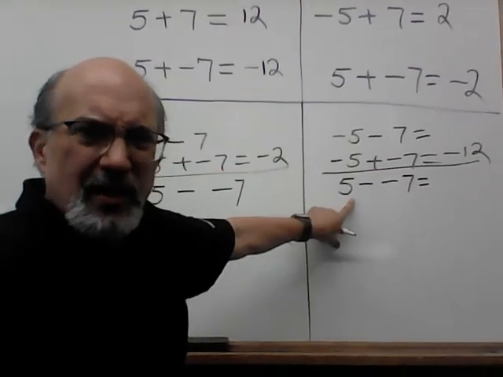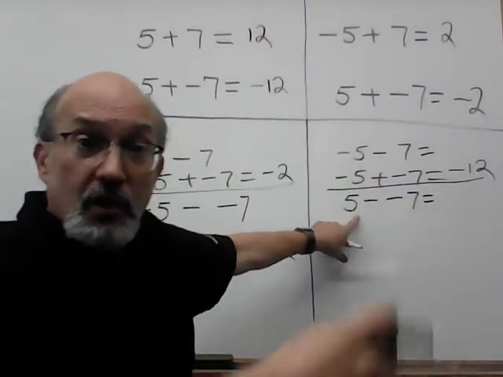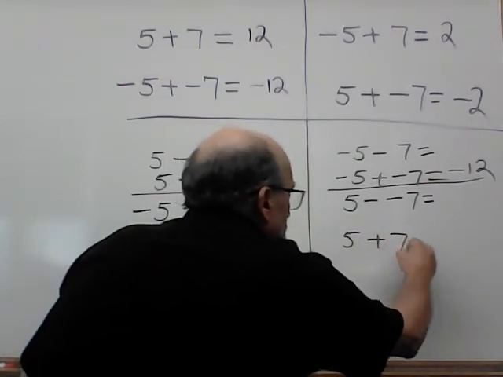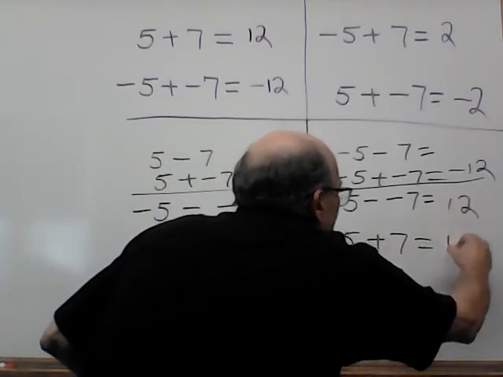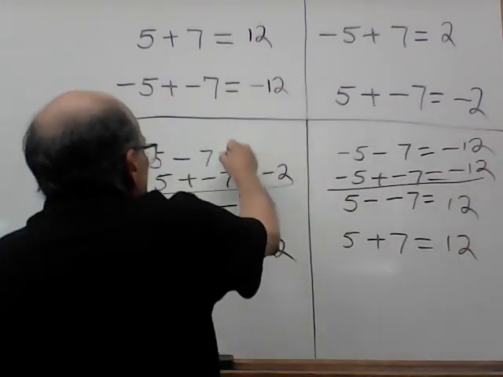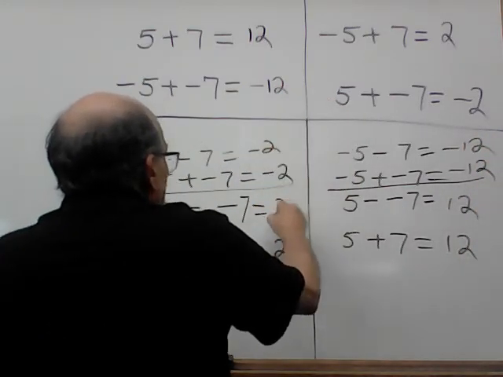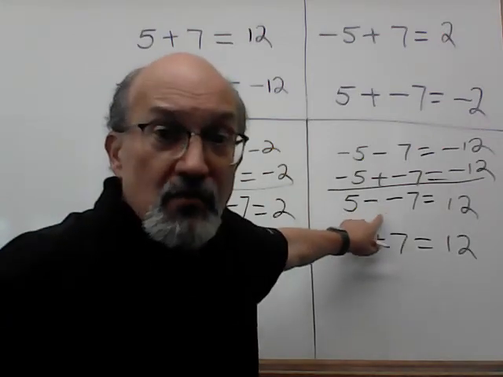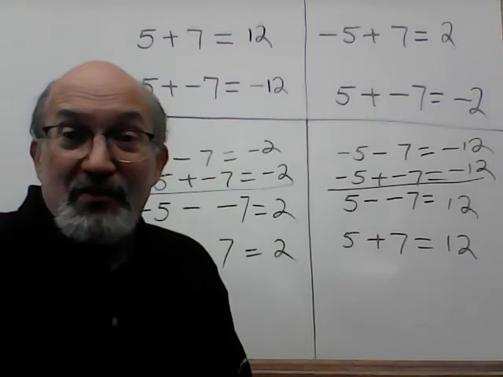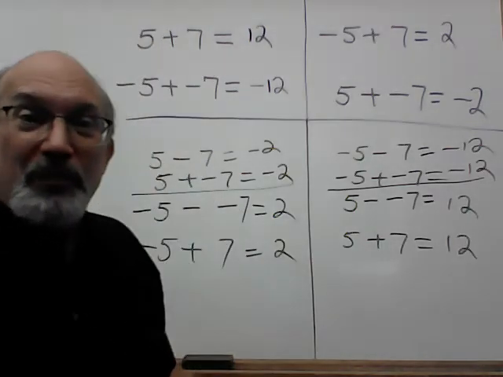How do you subtract negative 7? You add the opposite of negative 7. You add 7. So this becomes 5. The 5 minus negative 7 actually becomes the simple 5 plus 7. That was the first addition.